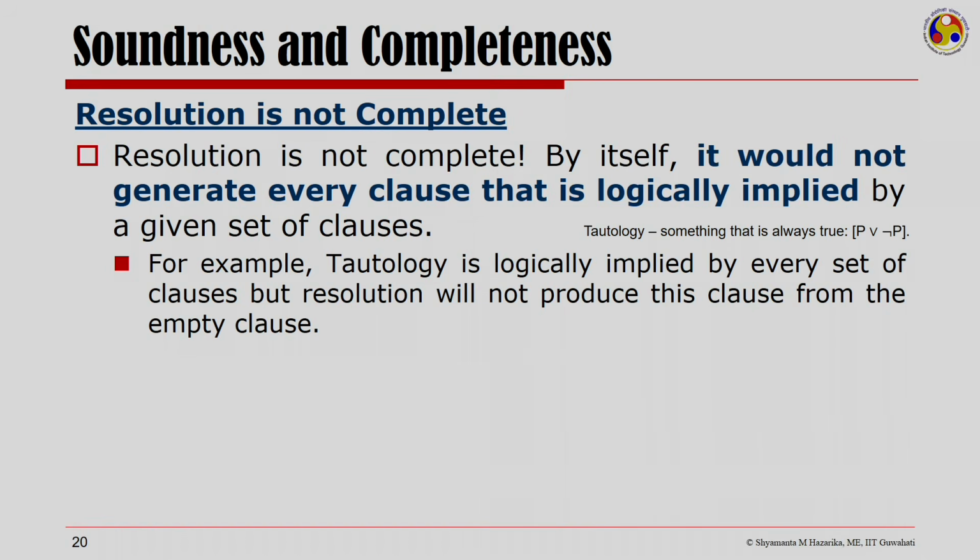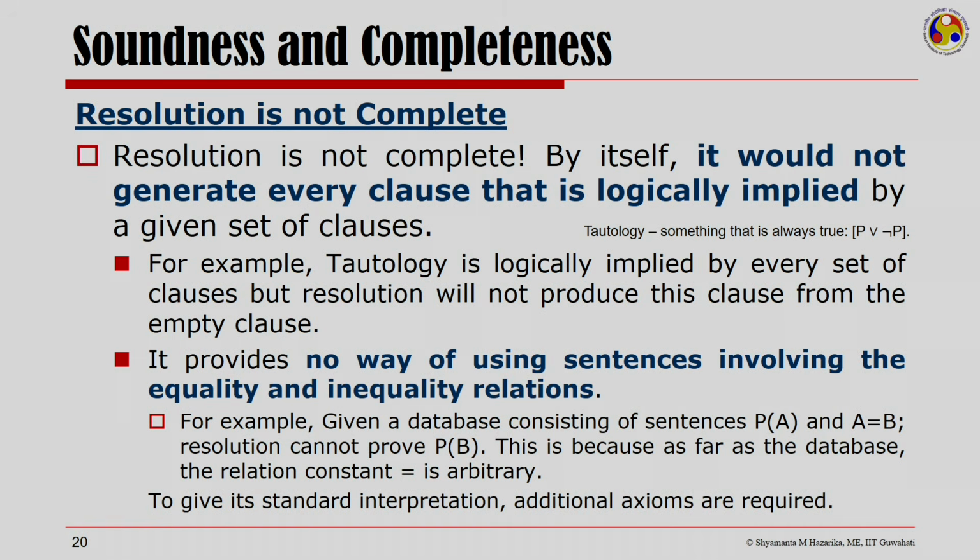Now, resolution provides no way of using sentences involving equality and inequality relations. For example, if in a database I have the sentence P(A) and somewhere an equality statement A equal to B, resolution cannot prove P(B), which is very obvious to the reader, because I have P(A) and I know A is equal to B, and therefore I should be able to get P(B).